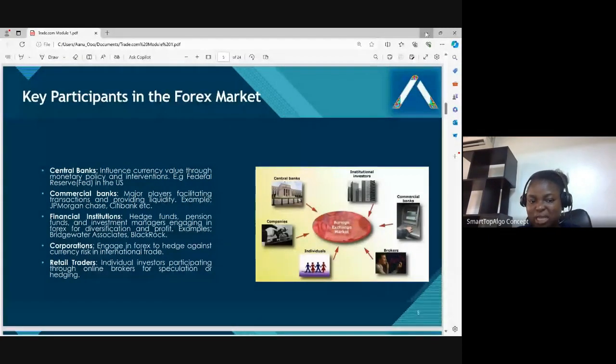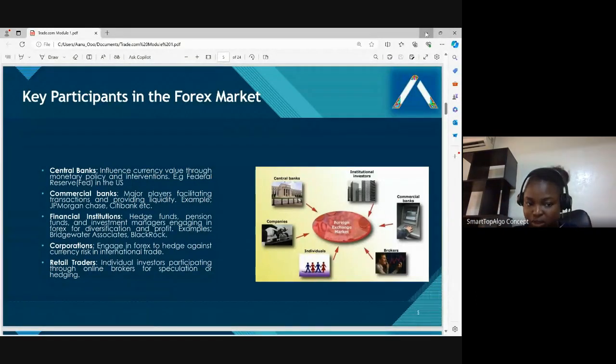Now, this is one. Another player we have is the commercial bank. What exactly are the commercial banks doing? The commercial banks are there to facilitate transactions or provide liquidity. What do I mean by that? Remember, for you to trade, you need different countries' currency. As an individual, it is difficult for one person to have the currency of every part of the world.